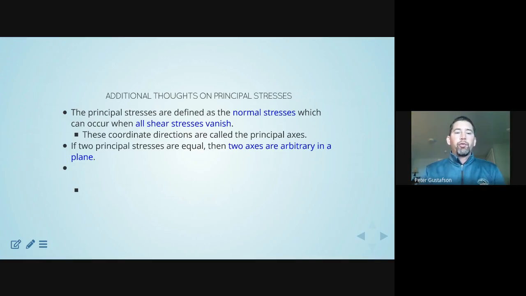You found that 2 roots were the same. That means 2 principal stresses are equal. And what you'll find when that is the case is that you're not going to find unique unit vectors associated with those 2 identical principal stresses. In fact, what you're going to find is that 2 principal axes are arbitrary in the plane.